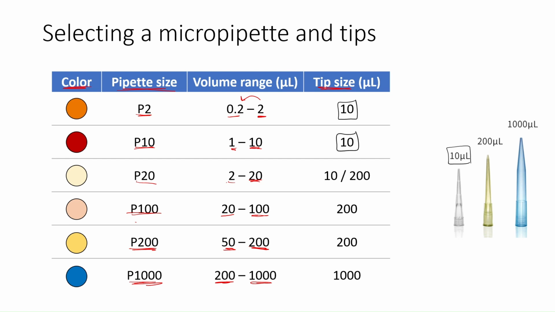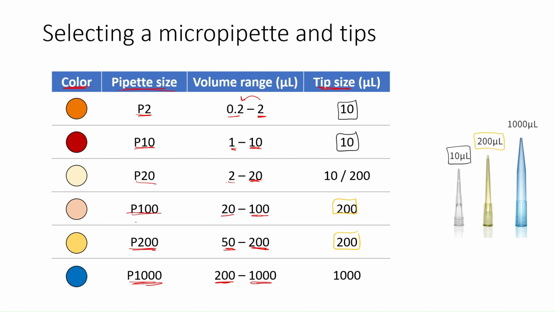If you want to measure larger than that, our next pipette tip size is the 200 microliter tip, which is often yellow. So you'll always want to use a 200 microliter tip when you're measuring using your P100 and your P200. Again, you don't want to try to ever measure more than 200 microliters into that 200 microliter tip, because you'll overload the tip.